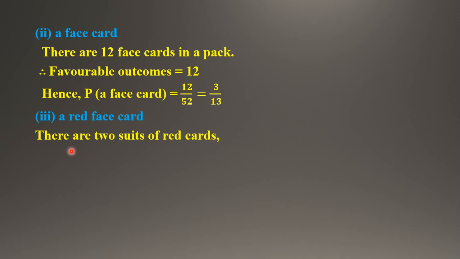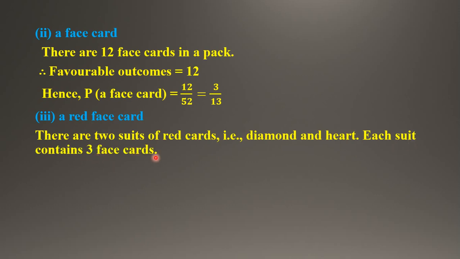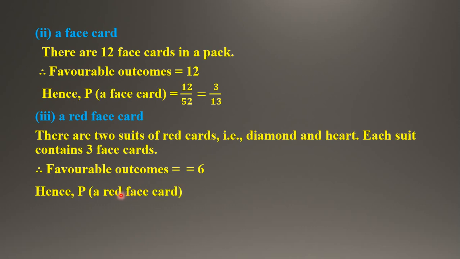There are two suits of red cards, that means diamond and heart. Each suit contains 3 face cards. Therefore favorable outcomes 3 into 2, 6. Hence probability of getting a red face card is 6 upon 52, 3 upon 26.